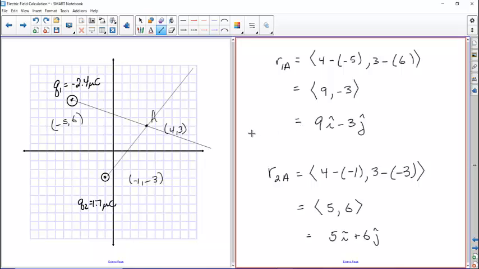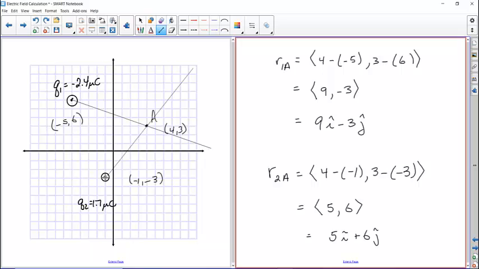So the first thing to do is to figure out what these vectors are. The position vector from the charge to the point in space. So you just take, it's x comma y, so it's x2 minus x1, 4 minus negative 5, and then y is 3 minus 6. So you get this vector 9 comma negative 3, which means you go 9 units in this direction and negative 3 in that direction.